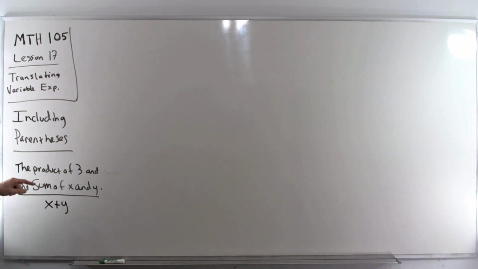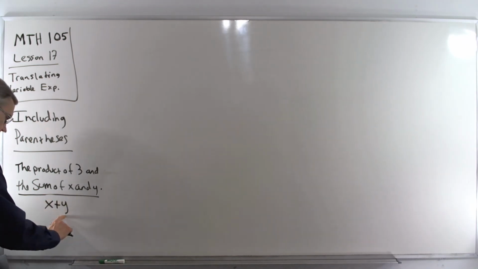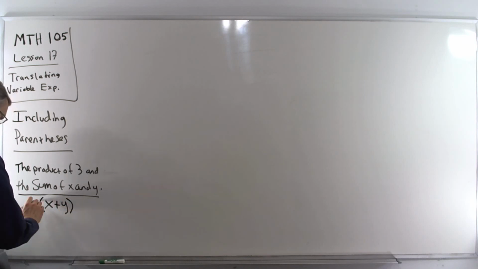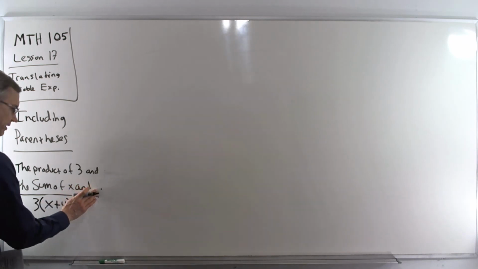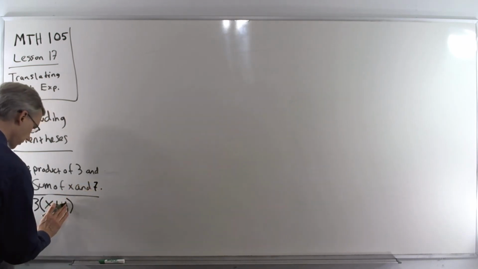Now, we're going to do the product of 3 and this thing. But we have to multiply by the entire expression. In order to make that happen, we have to put this expression inside parentheses. And the 3 goes on the outside. And I believe I wrote that down wrong. Oh, that's supposed to be x and 7, not y. So that doesn't actually change anything.